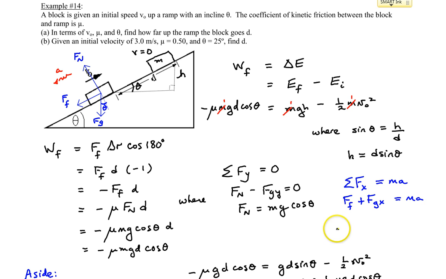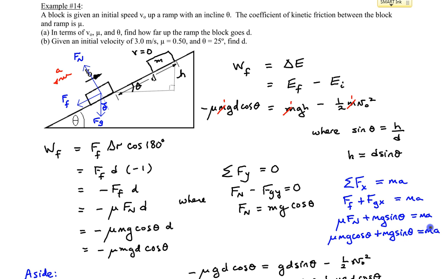So we have mu Fn plus mg sine theta equals ma. We can replace the normal force, which we figured out before, as mg cosine theta. So we have mu mg cosine theta plus mg sine theta equals ma.